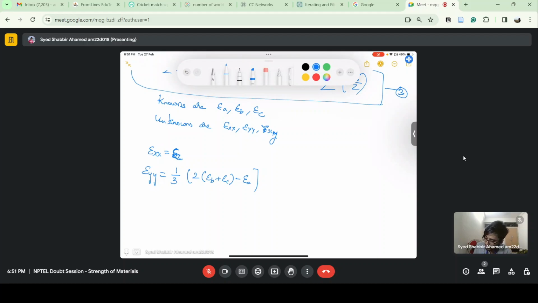This is by simplifying all the three equations which we have got. And then the shear strain gamma xy will be equal to 2 by root 3 into (epsilon b minus epsilon c).